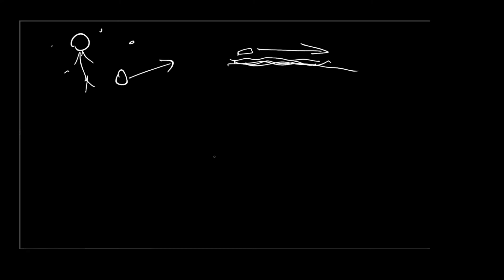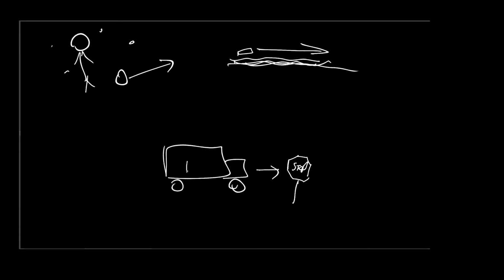For example, let's say you're in a bus or some sort of moving vehicle, and you're starting to speed up after a stop sign, right? If you had some item on the ground, it would actually roll to the back.